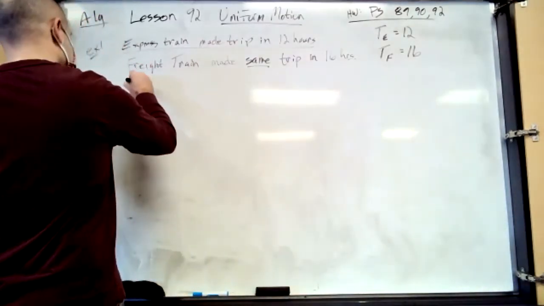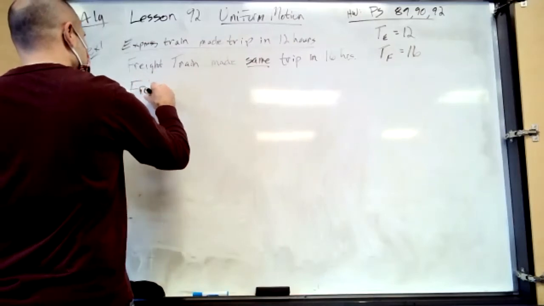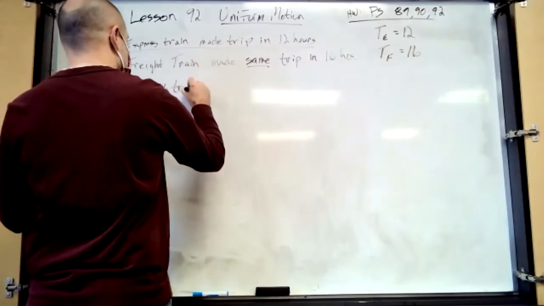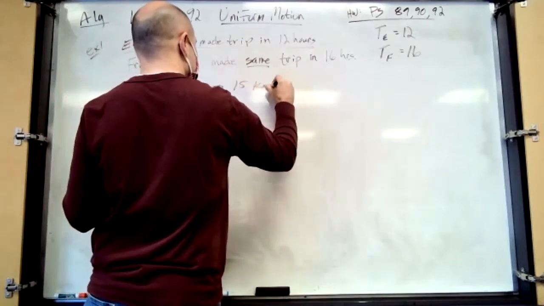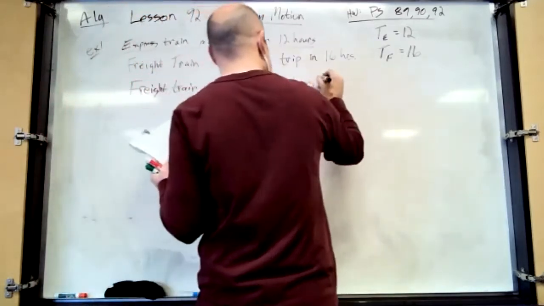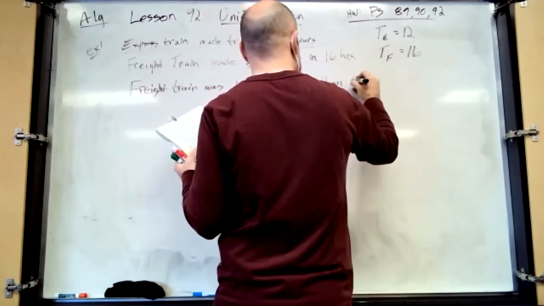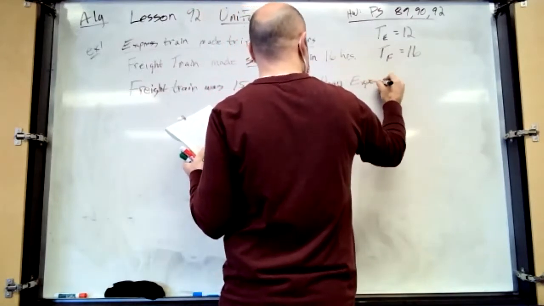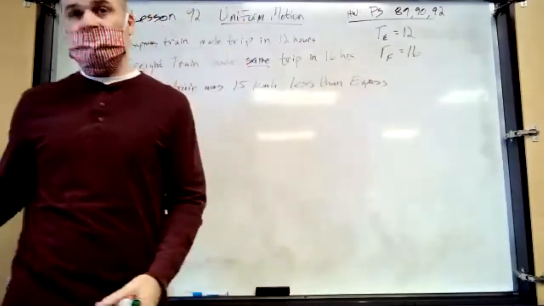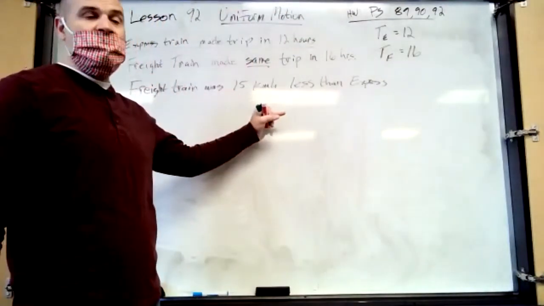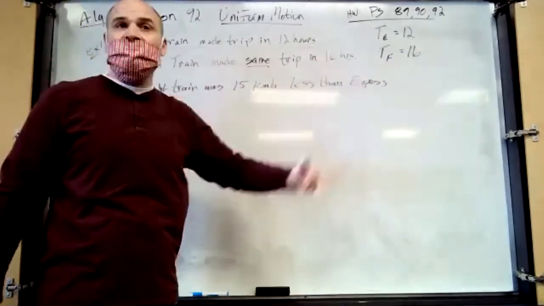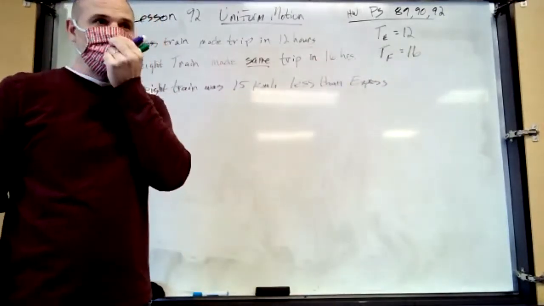We're going to say freight train was 15 kilometers an hour less than express train. How do you say that? How do you say freight train was 15 kilometer hours less than express train? Nathan?